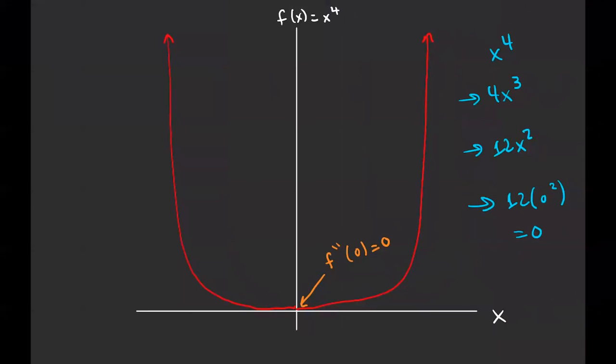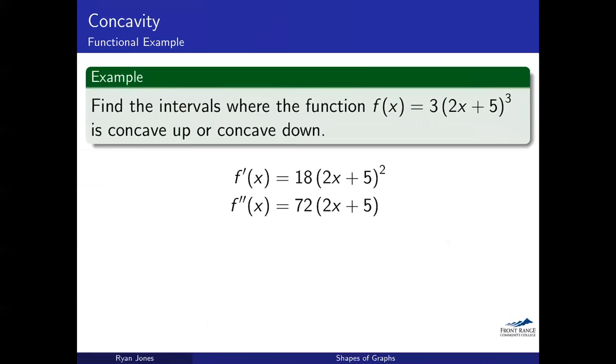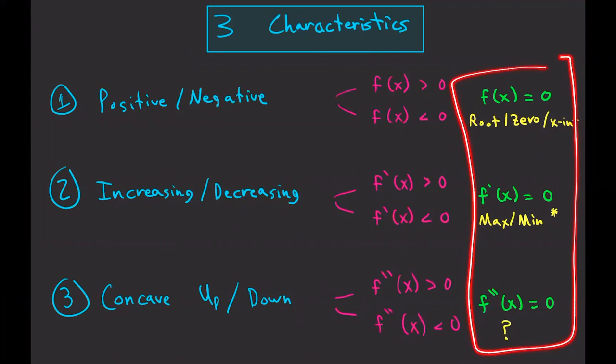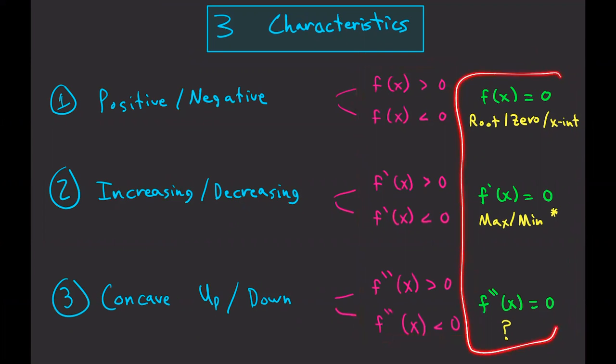So there we go. Let's pop back over here. Everything we just talked about is this portion of this recap slide, and then we've seen this portion here before. Let's do an example for this portion. So I'm going to give us a function.